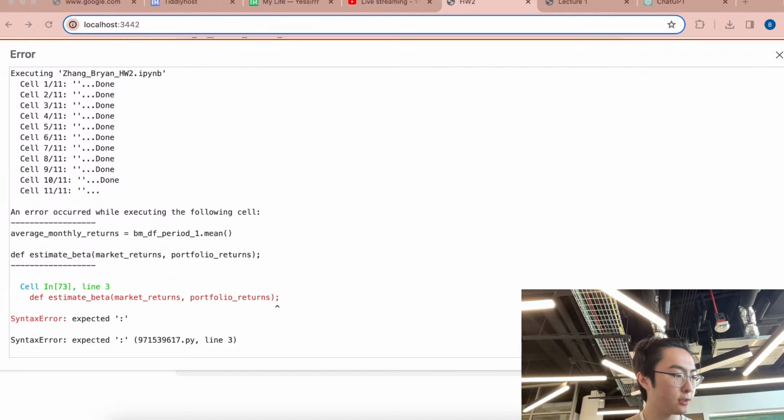Okay, so to estimate the beta, we can run the regression or we could just do it analytically. I think I'll just try both. So could do market.